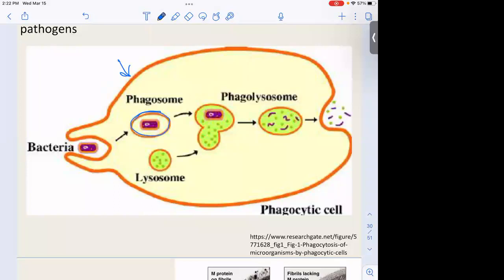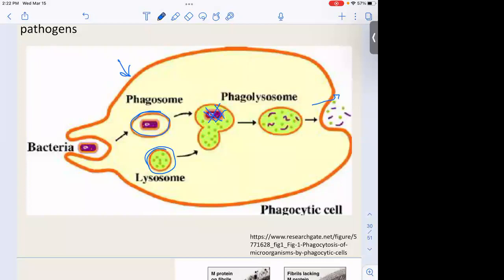We call that the phagosome. And then what actually does the killing is these bags of enzymes called lysosomes that fuse with the phagosome, and all those enzymes and proteins, we're going to talk about some examples of those later, will act on the bacteria. And most of the time it will be successful in killing the bacteria and will exocytose what's left.